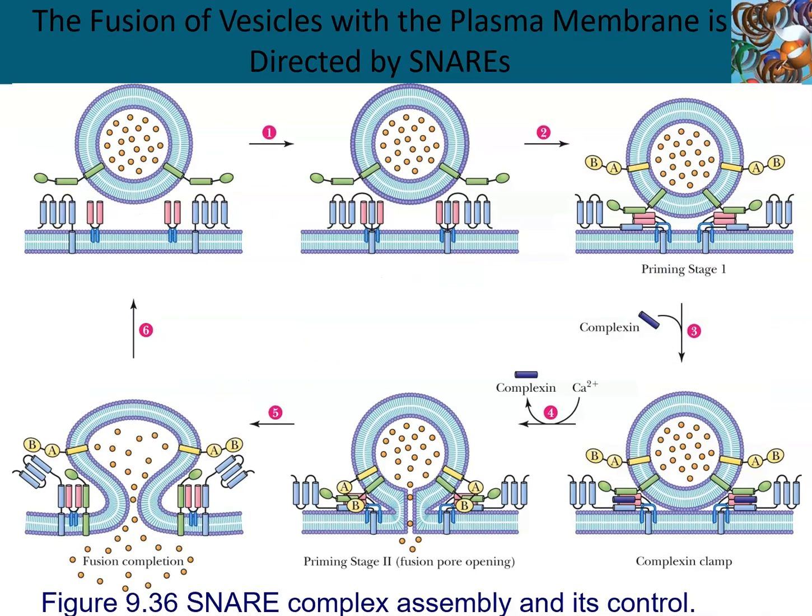And here's a more detailed look at how SNARE proteins grab a vesicle. Stepwise, 1, 2, 3, 4, 5, 6. In 1, you see the proteins recognize each other. They lock down. It's just like docking a spaceship in Star Trek.